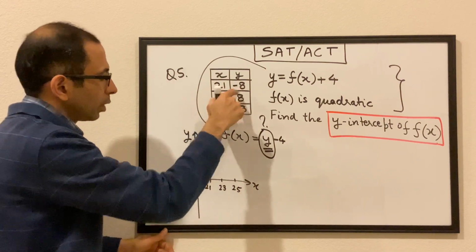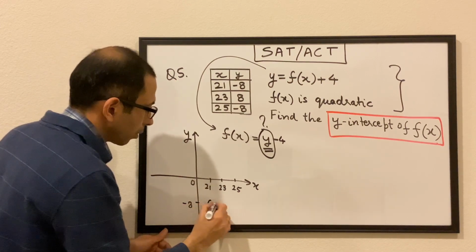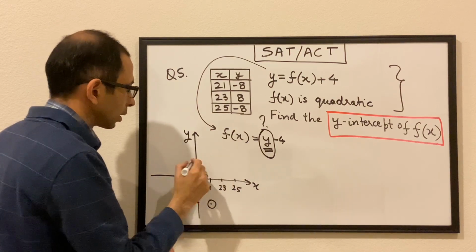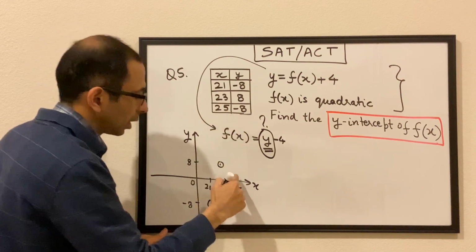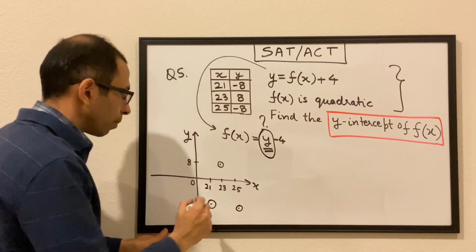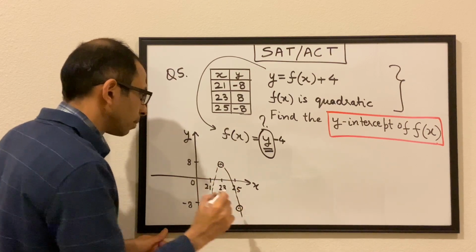For x 21, we have y is negative 8, right? For x 23, we have y 8. And for x 25, we again have y is negative 8. So it looks like this, correct?